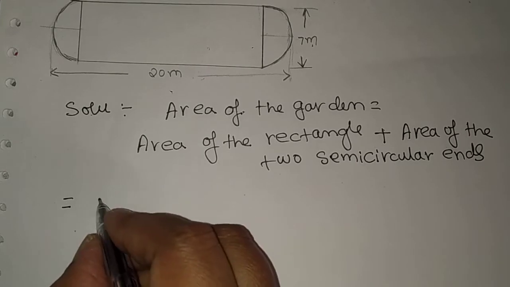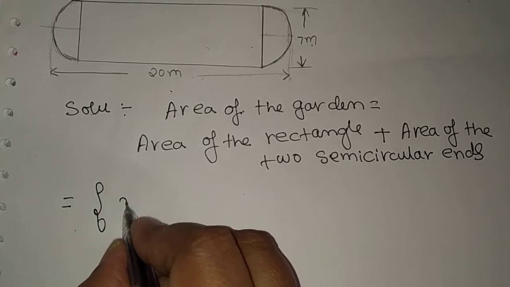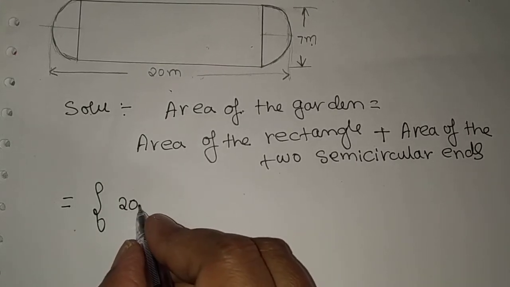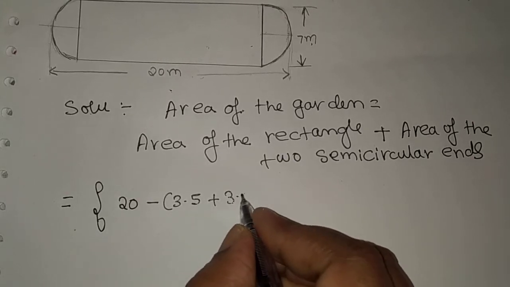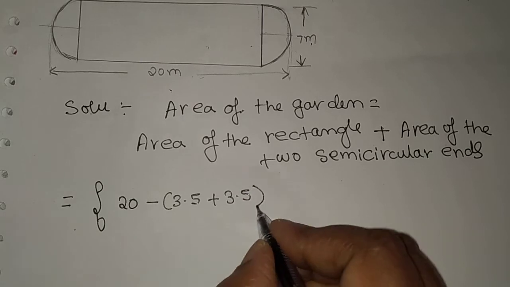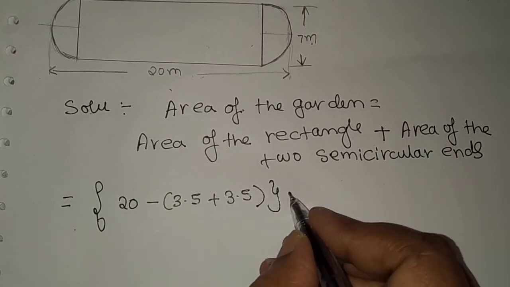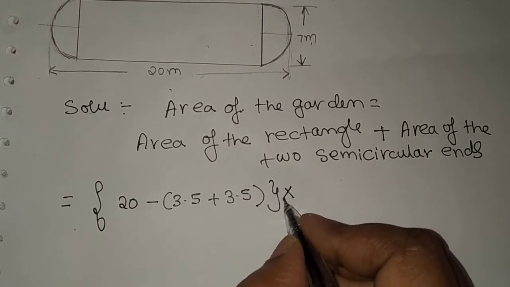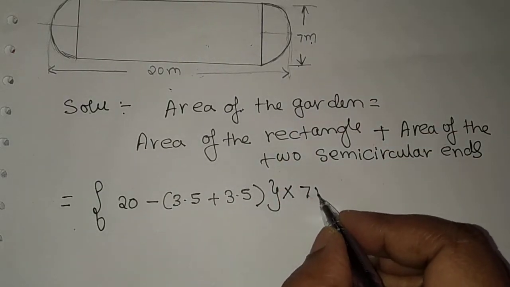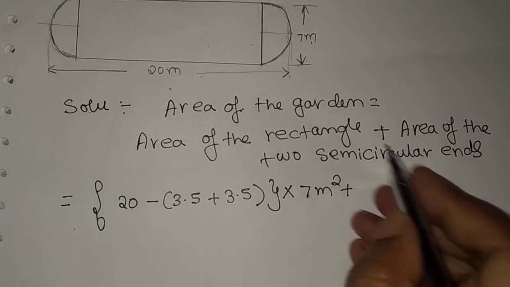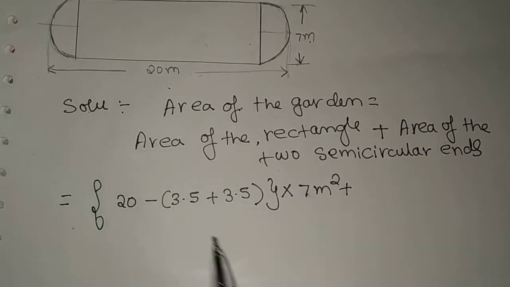Therefore we'll substitute the values. Here the length is given in the question, that is 20 minus 3.5 plus 3.5, is the length into 7. Here height is given, 7 m square plus again the area. This is the area of the rectangle.